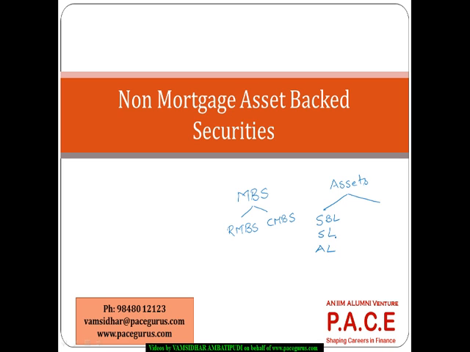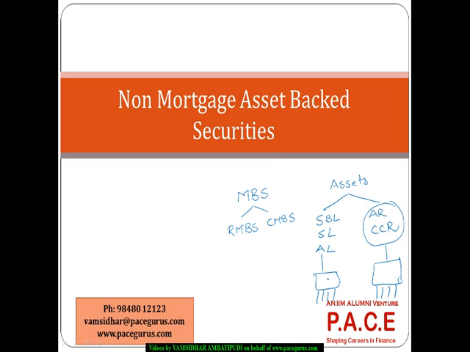Or it could be based on accounts receivables, or credit card receivables. So based on the receivables, all these are sold to the SPV. The concept will still remain the same. All these are typically sold to the SPV, who in turn will create some kind of bond instruments and raise it in the capital market.